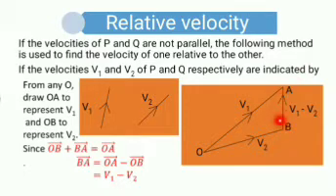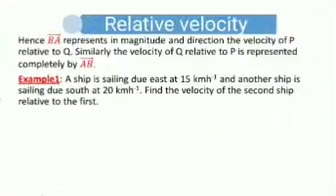Then the closing side, either AB or BA, will represent the required relative velocity. Is that clear? Now let's look at example 1.